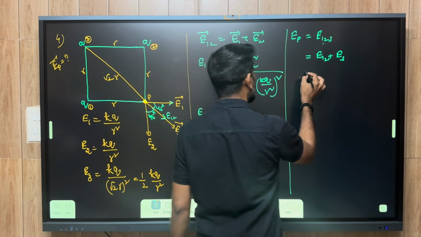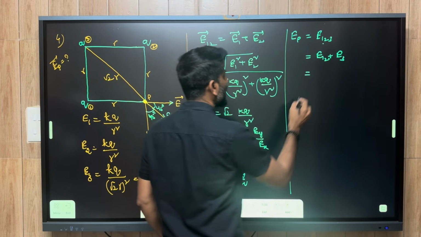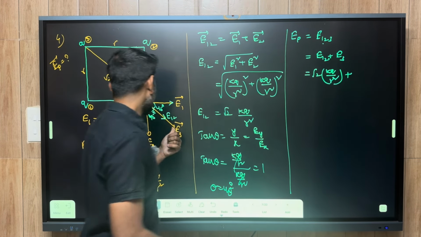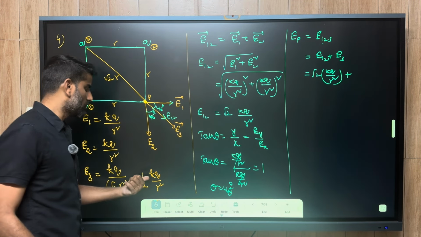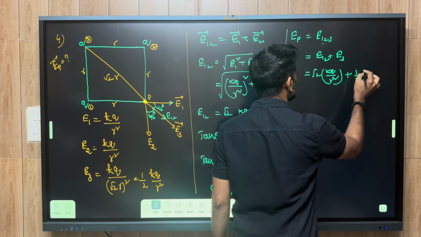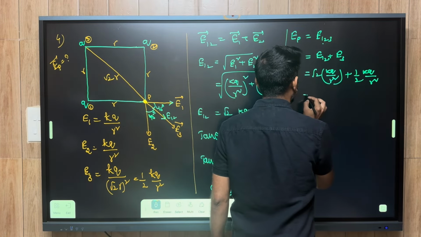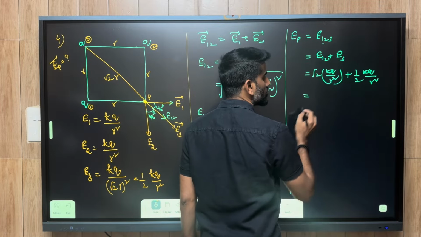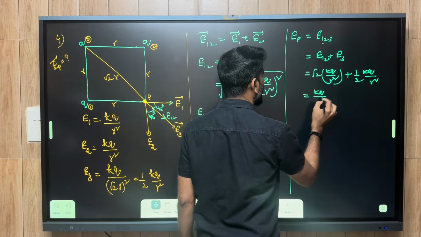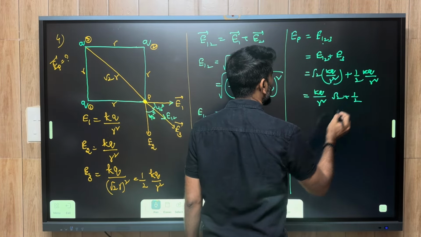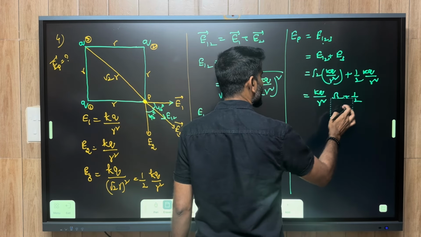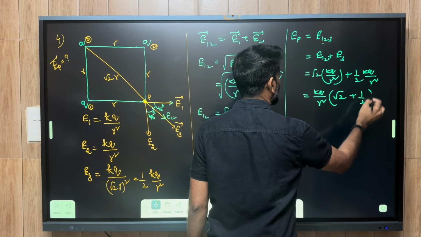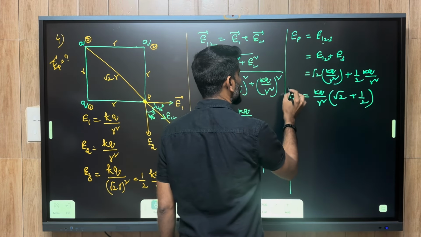E12 is root 2 times Kq by r square, plus E3, which we already know, is 1 by 2 Kq by r square. I can take Kq by r square as common because it is in the two terms: Kq by r square, root 2 plus 1 by 2. So this will be our answer, the electric field.